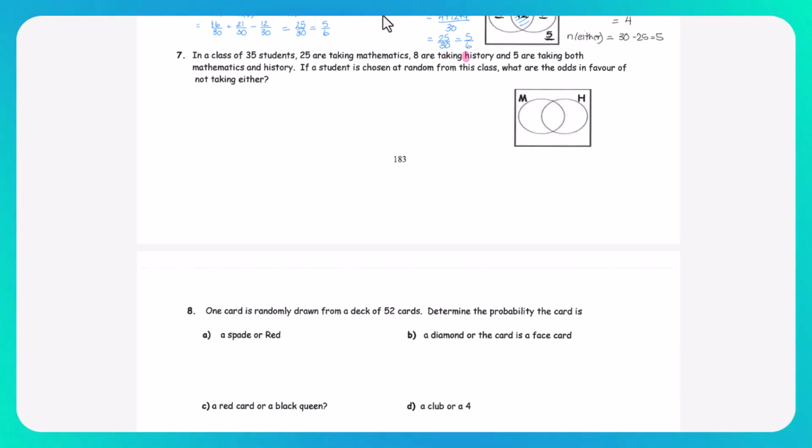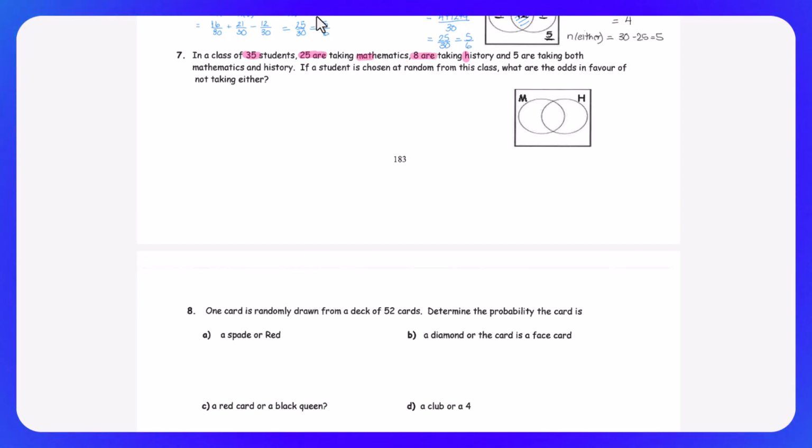Okay, let's look at number 7. In a class of 35 students, 25 are taking math, 8 are taking history, and 5 are taking both. If a student is chosen at random from this class, what are the odds in favor of not taking either? Now remember, for odds, we need to know the number.